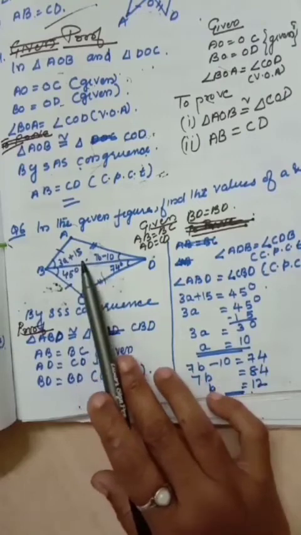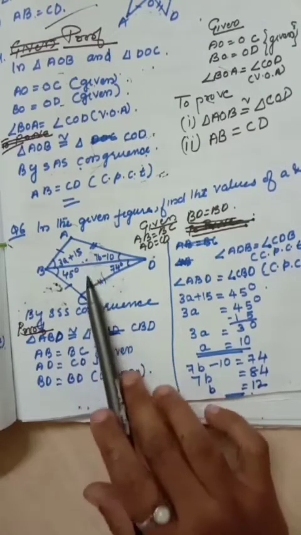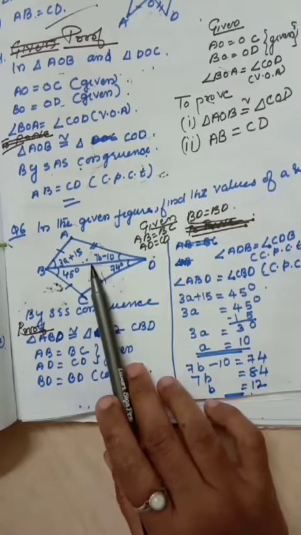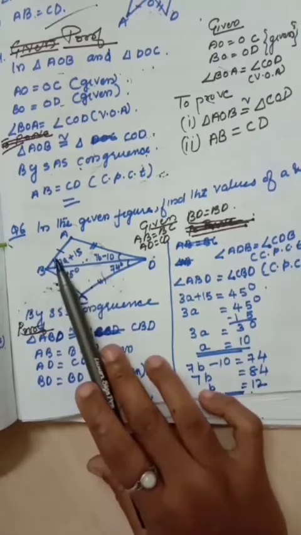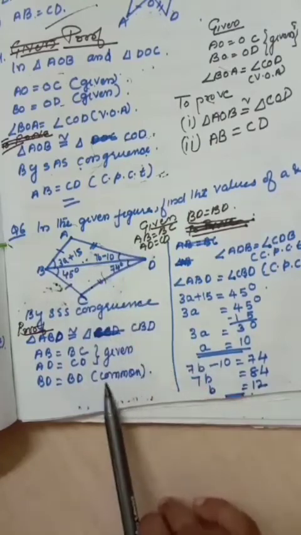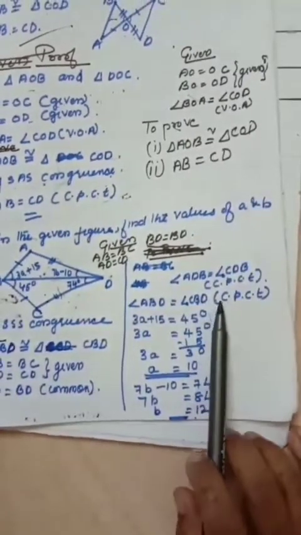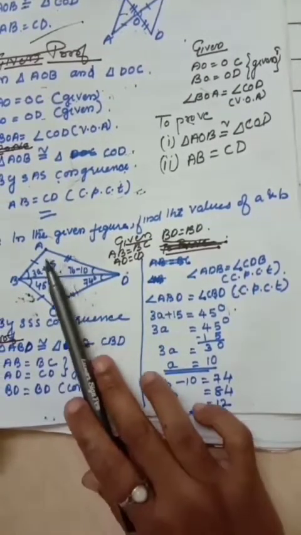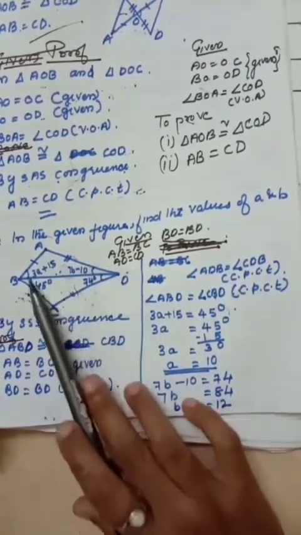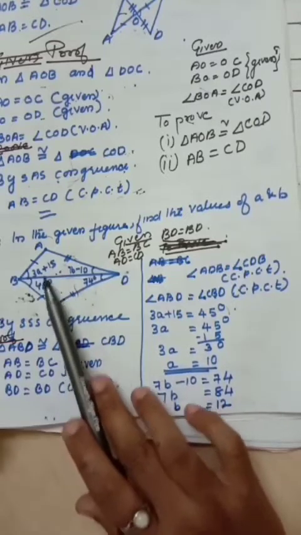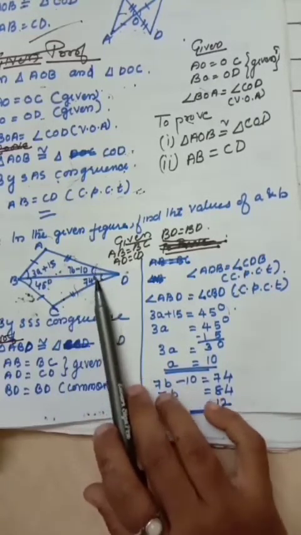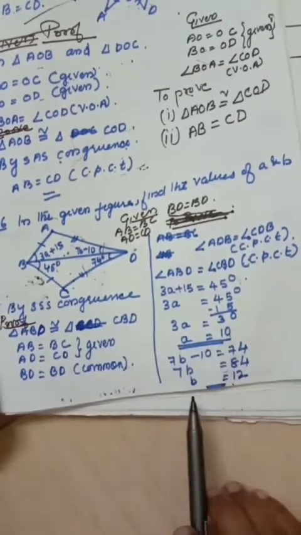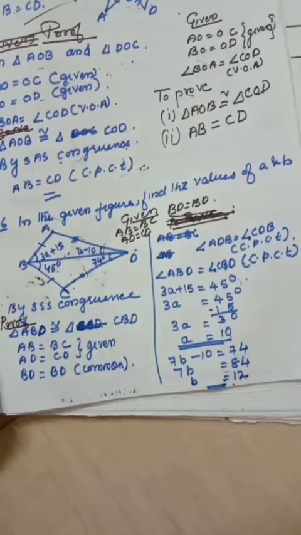Then by SSS congruence, these two triangles are congruent. By CPCT, you can say corresponding angles are also equal. See, I proved congruency. After that, corresponding parts equal, which are ABD and CBD. These two angles are equal and these two angles are also equal by CPCT. Then you will get A equal to 10 and B equal to 12.